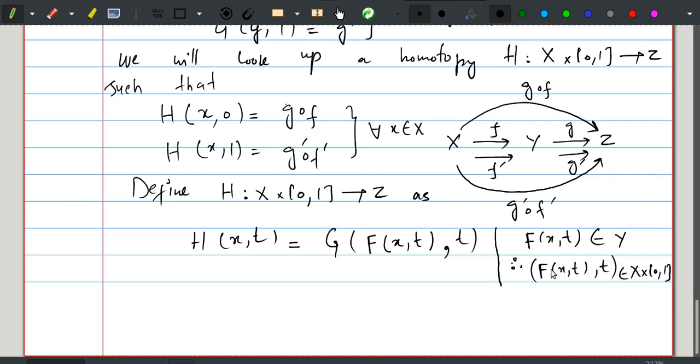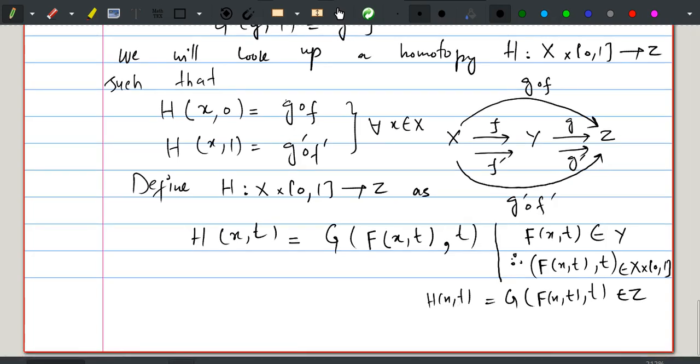And hence when we take G of the pair F of (x,t) and t, this pair belongs to Y cross [0,1]. So when we operate G onto this pair, this must belong to Z, but this is same as h of (x,t).